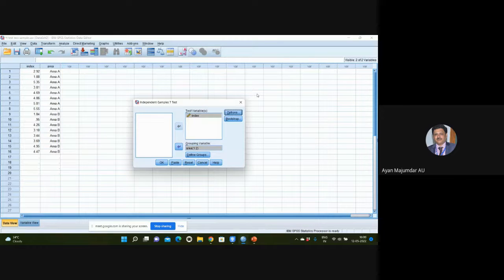So everything selected. Let's run it. Once we run it, we get the output here. This is the t statistic. Now you see, 2 things are given.